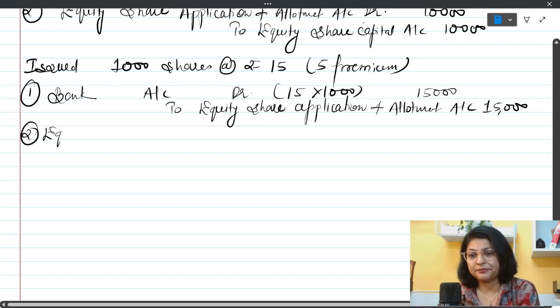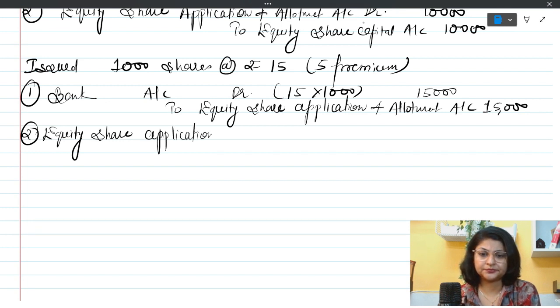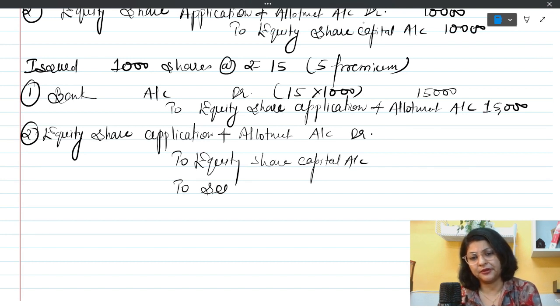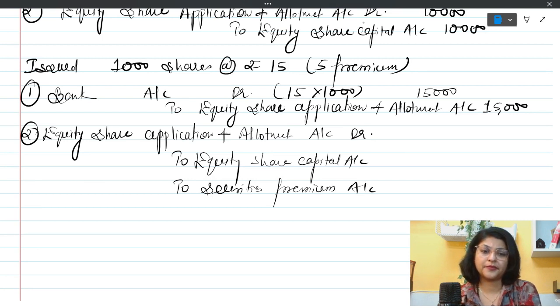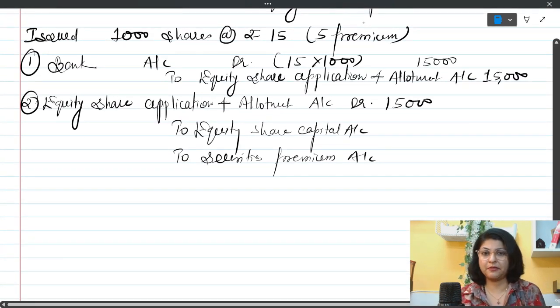We will debit this temporary account, or close it: equity share application and allotment account debit to equity share capital and to securities premium, wherein this account will be debited with the same amount with which it was credited.